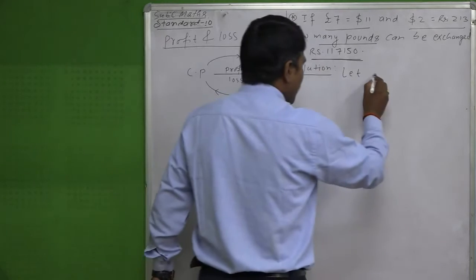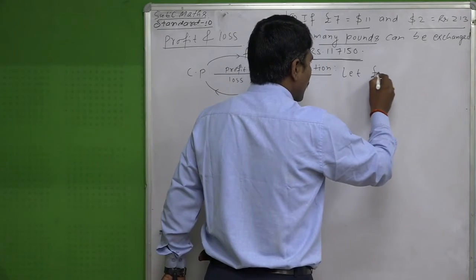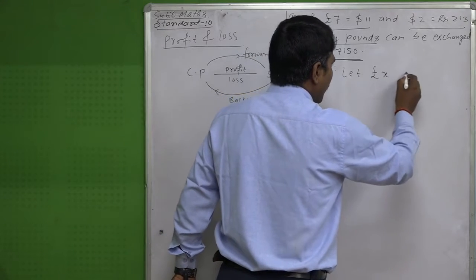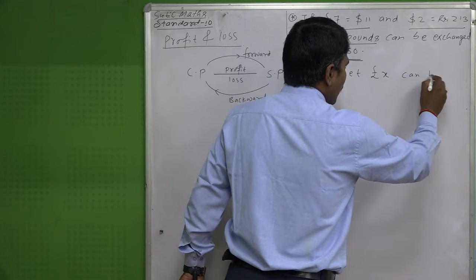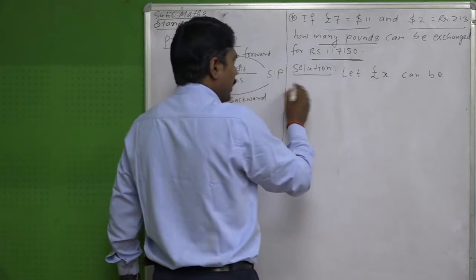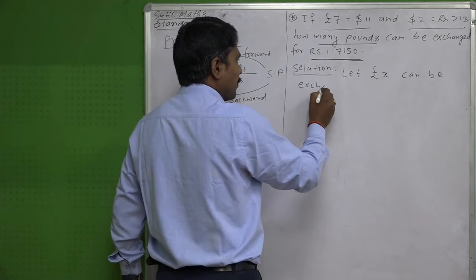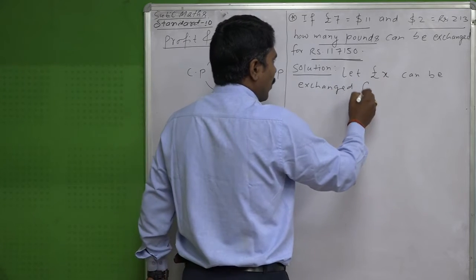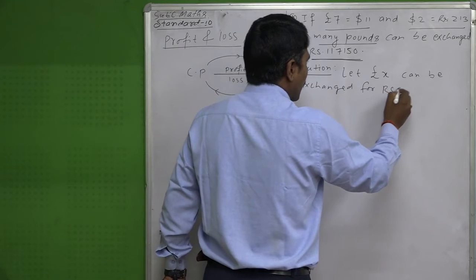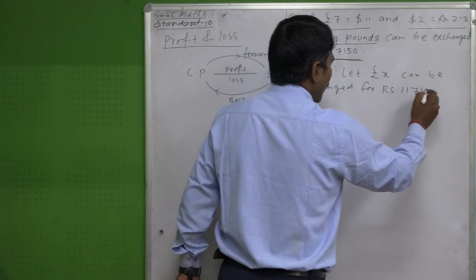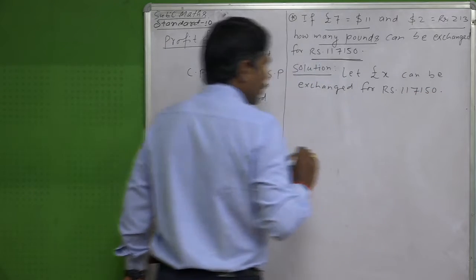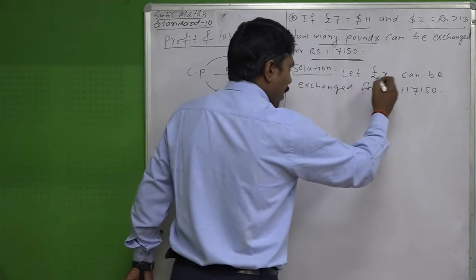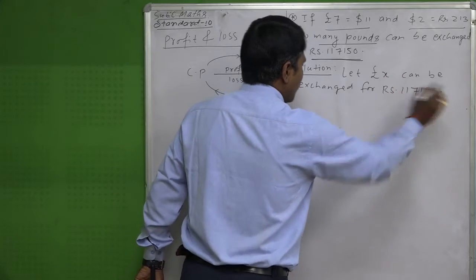Let X pound sterling can be exchanged for Rs 1,17,150. You can suppose it in a simple way also, X is equal to this much only.